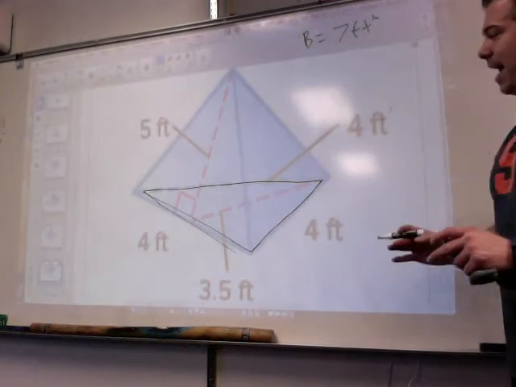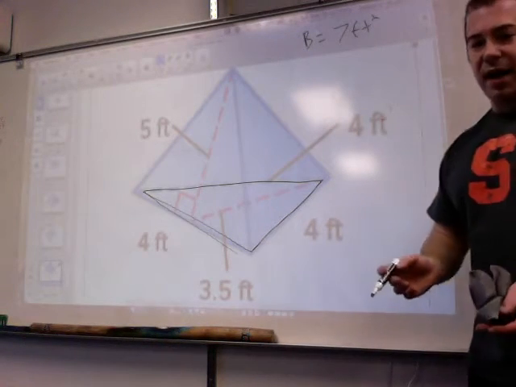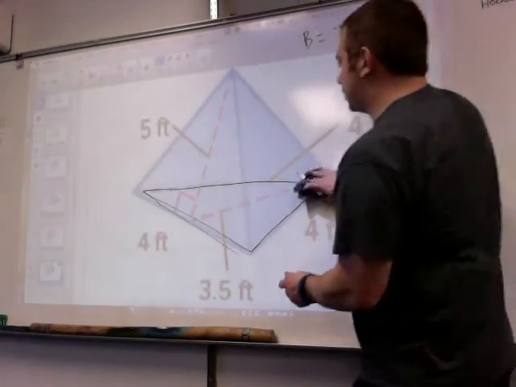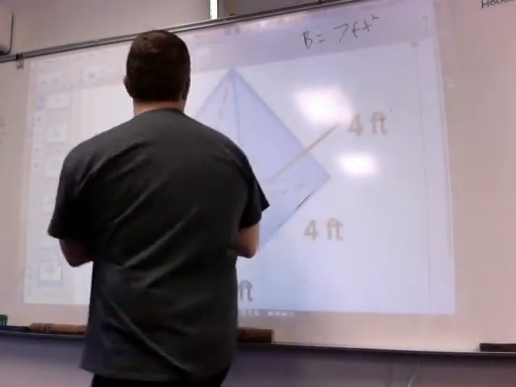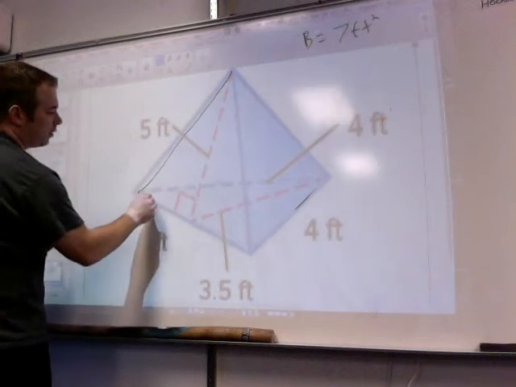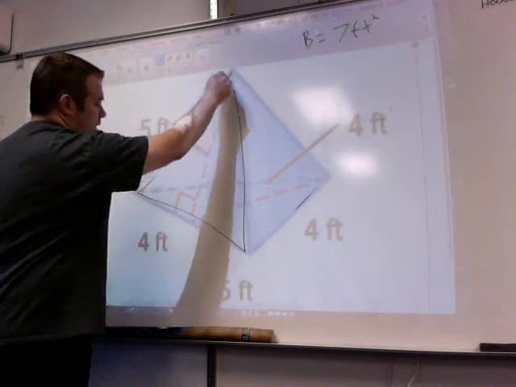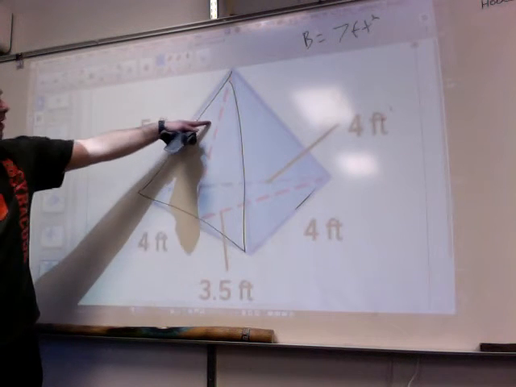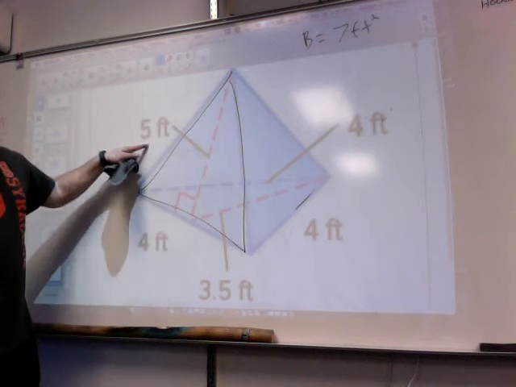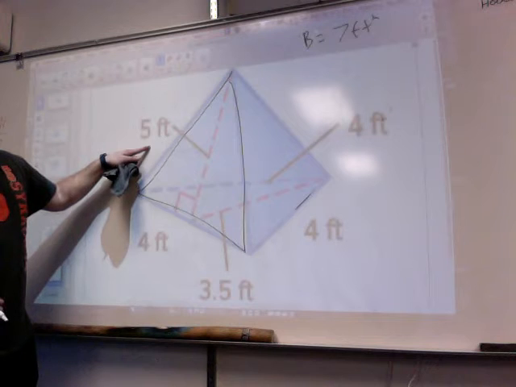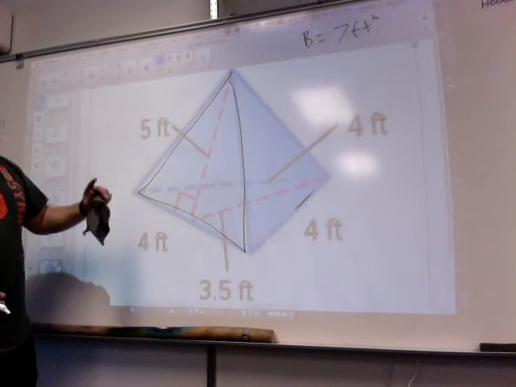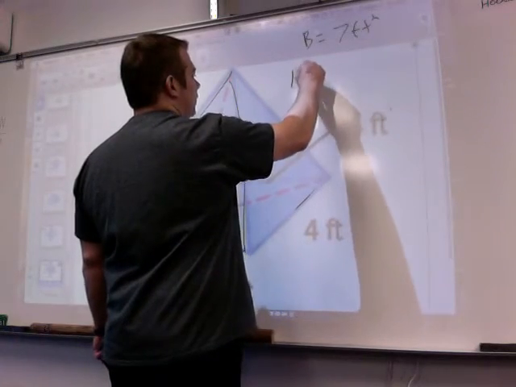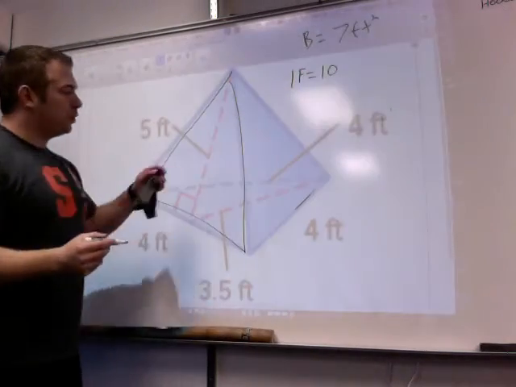Now I have 3 lateral faces. I only have to find the area of one of them, then multiply it by 3. Here's my lateral face I'm going to use. Once again, I have a base of 4, and my height is 5. So 4 times 5 equals 20, divided by 2, and I get 10. So one face equals 10. And I told you I have 3 faces.